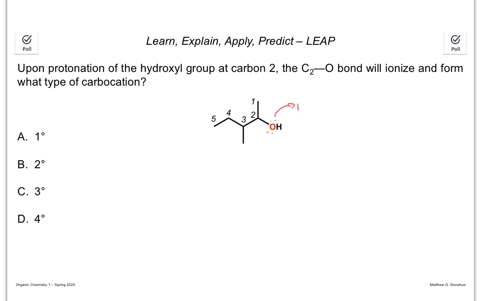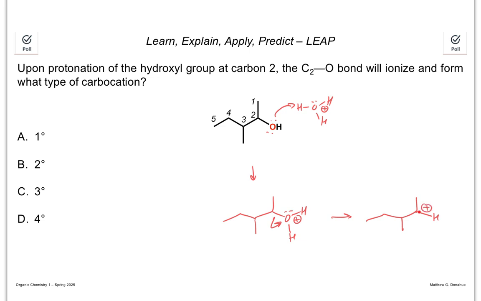So again, under acidic conditions, we have to protonate. That makes the hydroxyl group into the oxonium, which is a better leaving group. So when that ionizes, that gives us the secondary carbocation.